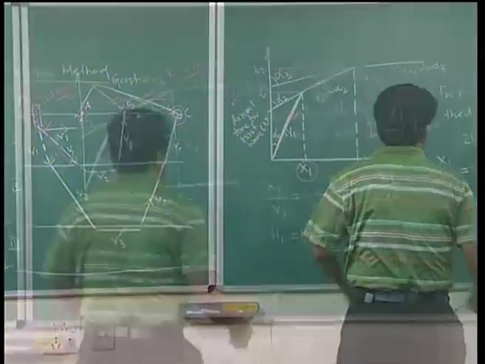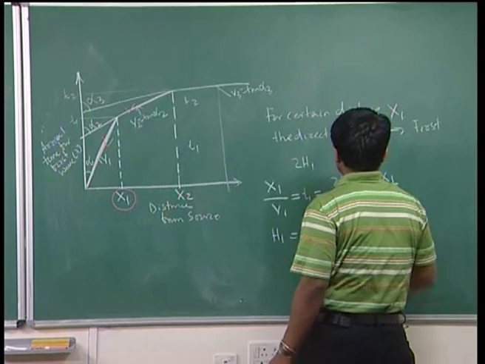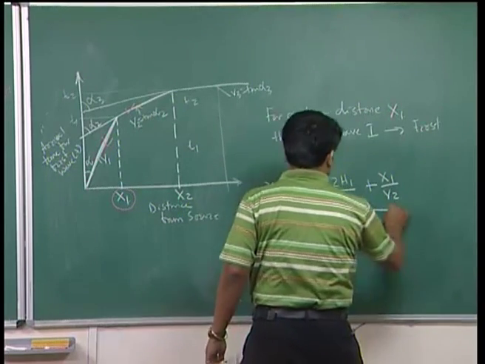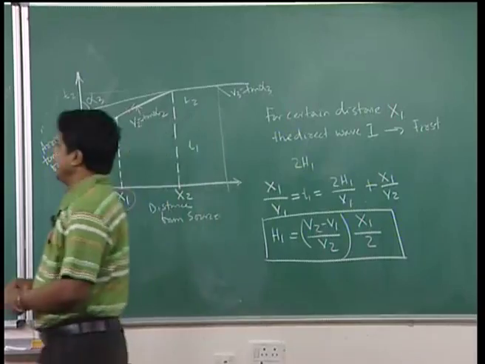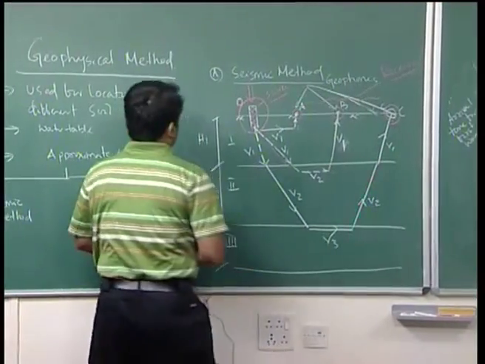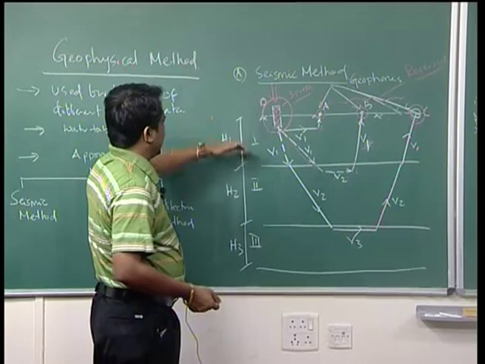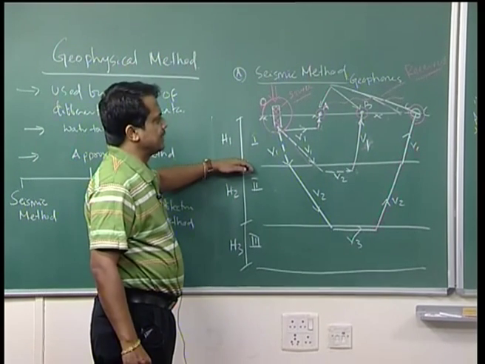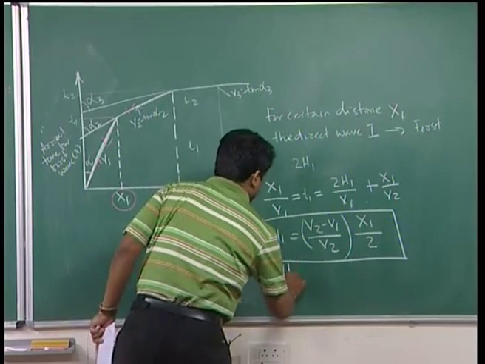That means 2 h1 by V1 plus x1 by V2, this is your time. From this graph you can get h1, the distance from the ground surface at which the layer changes. Similarly you can find h2.